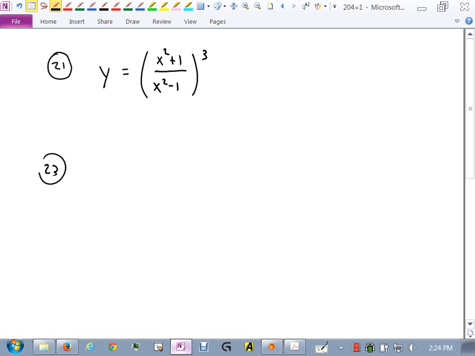Okay, so I'm going to have you right now do number 21, which is y equals x squared plus 1 over x squared minus 1, cubed, and then 23, y equals sine of x cosine x.